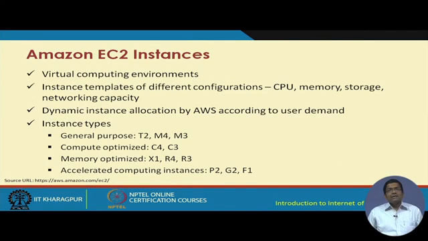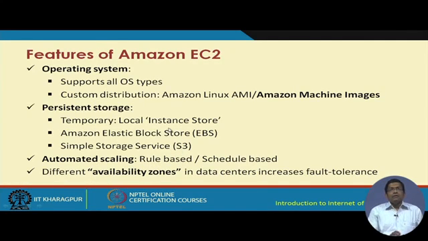So Amazon EC2 has different instances. These instances are of different types for serving different purposes, and their specific names that are given by them in EC2 are also listed over here. In terms of the operating system, EC2 basically supports all operating systems.